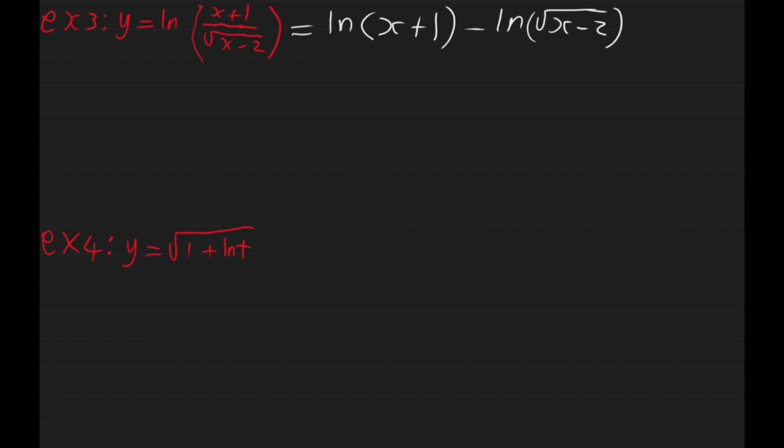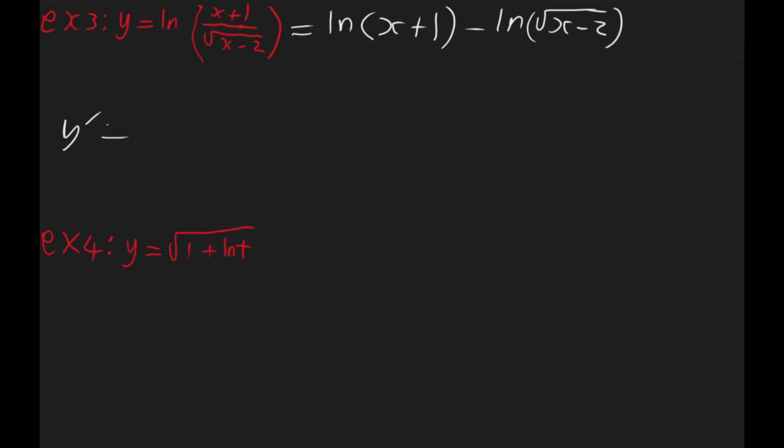From the properties we took at the start of the video, it's a division, so you can have it as a minus. Root x minus 2 is just x minus 2 power half, so you can write the power half next to the ln and remove the root. And that's how we're going to solve it.